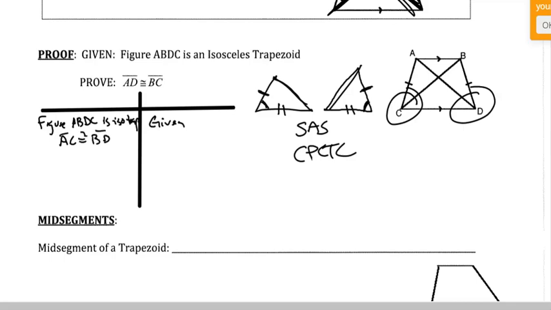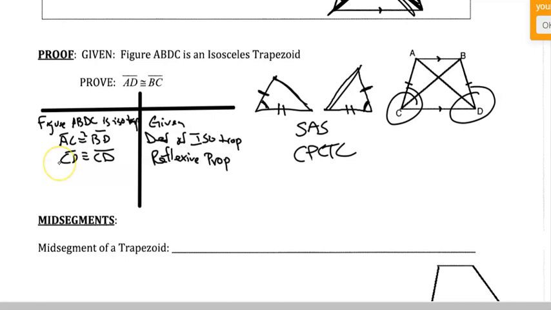Why? Definition of isotrap. We then said that CD was congruent to CD because of the reflexive property. We finished it up.